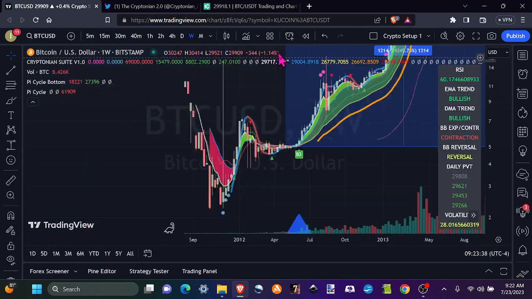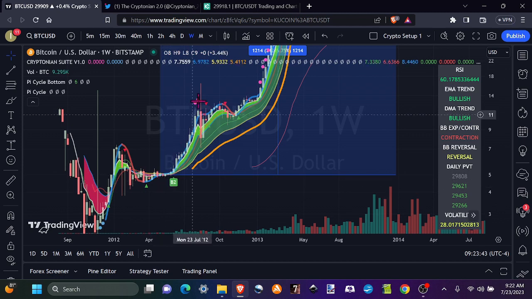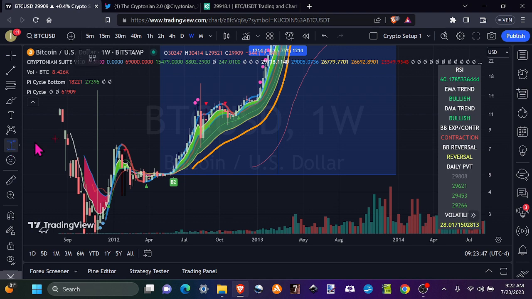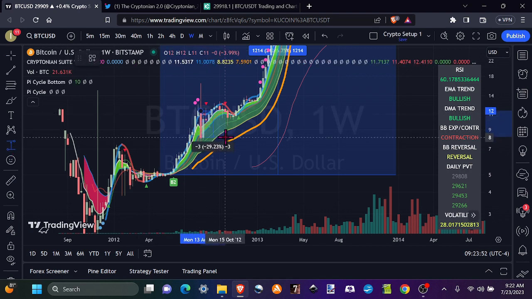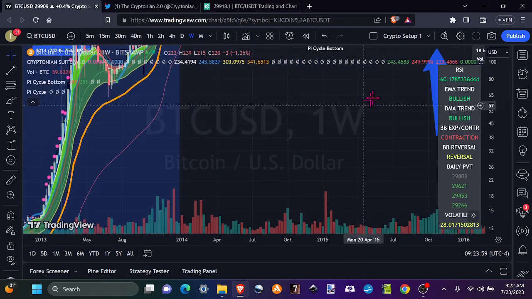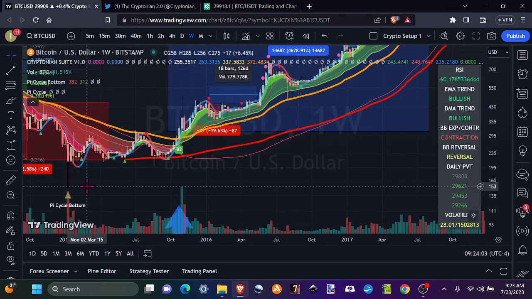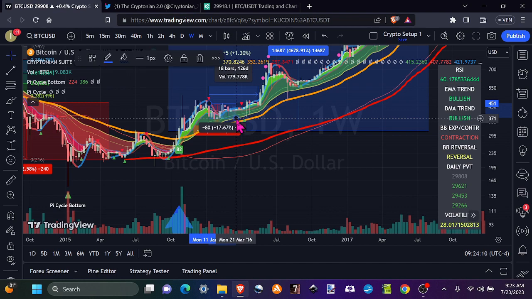Take a look at this B2 signal. We didn't see a significant correction. Actually, we saw a small one here, a small correction here that was 29%. Okay, so we have a correction after our B2 signal of 29%. And then we had this one, which was 20%, 17%.